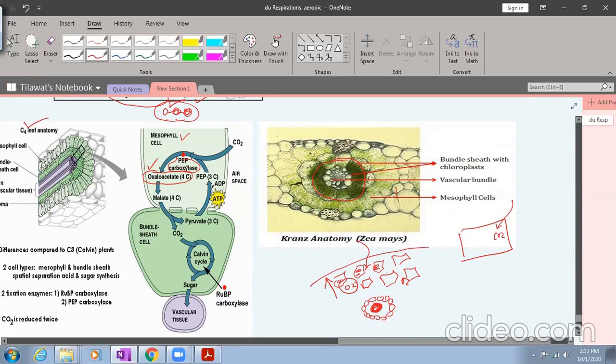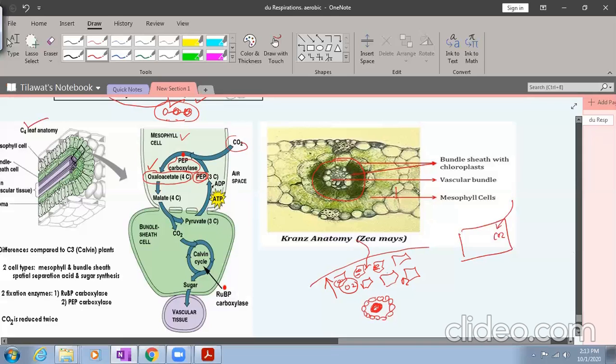So that PEP carboxylase will combine this carbon dioxide with what? With phosphoenol pyruvate. This is a 3-carbon molecule that is present. That was ribulose bisphosphate in C3, but this is PEP, phosphoenol pyruvate.